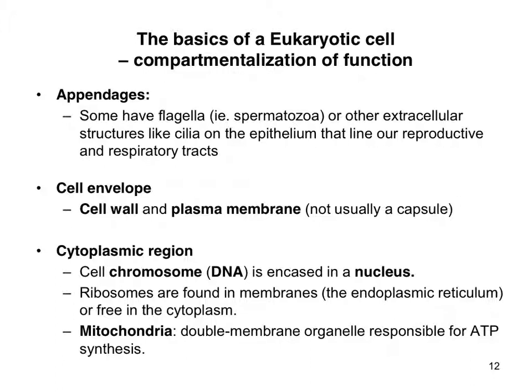Some animal cells also have extracellular structures. For example, structures called cilia that are found on the epithelial or surface cells lining our reproductive and respiratory tracts. When women ovulate, it is cilia lining epithelial cells in the reproductive tract that move the egg down from the ovaries lower into the reproductive tract.